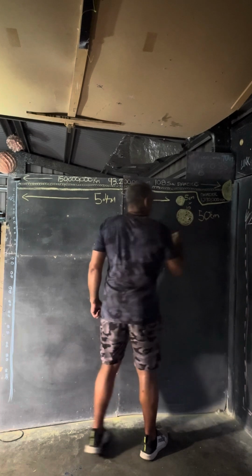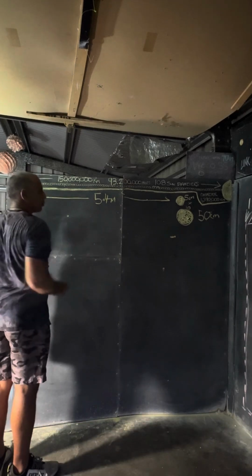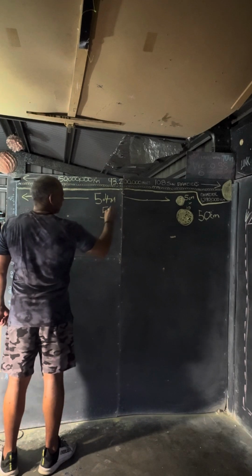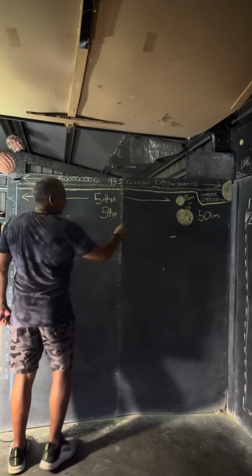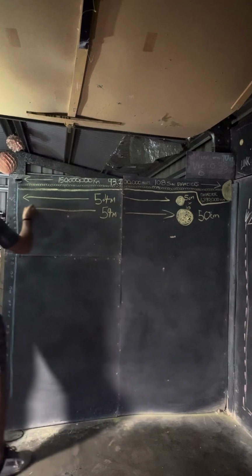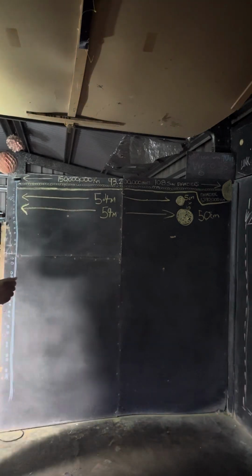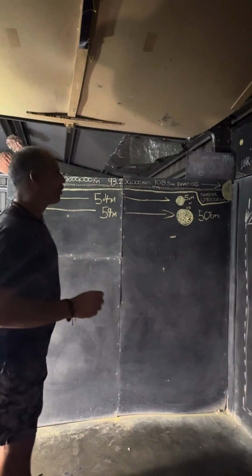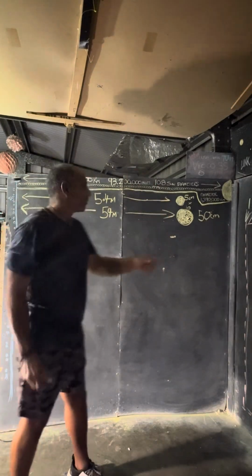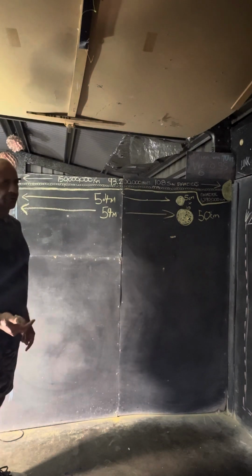So we multiplied it by 10, we multiply the 5.4 by 10, it becomes 54 meters. So in between the light source and Earth is 54 meters. Would we see a light source with a diameter of 0.5 meter, 54 meters away? Of course we would, right?